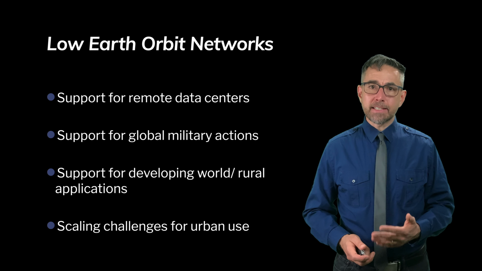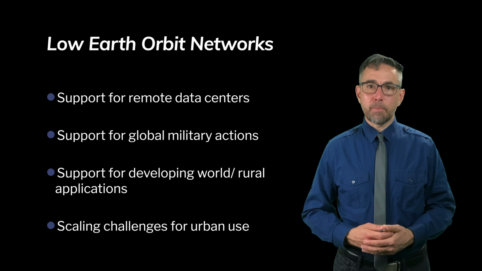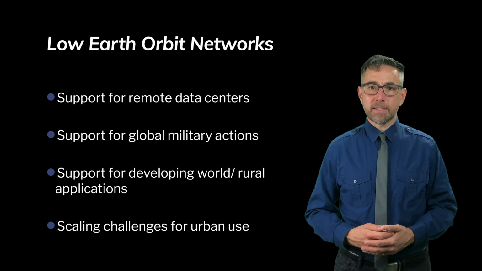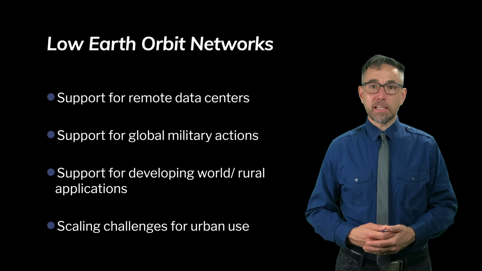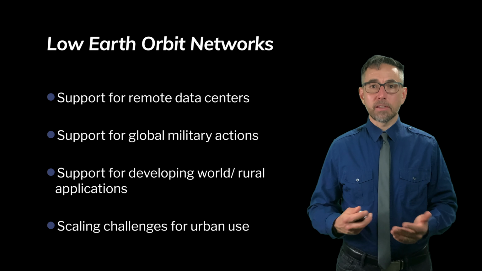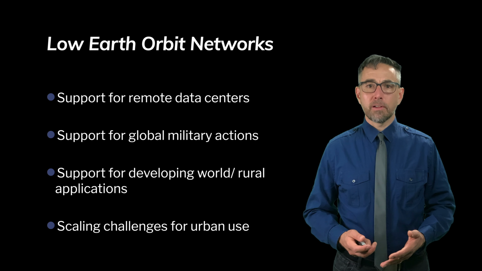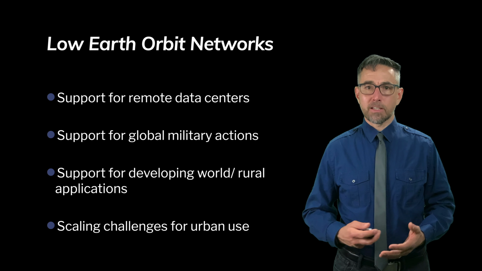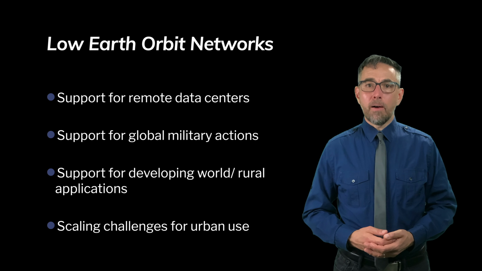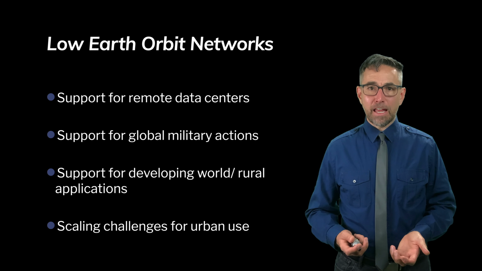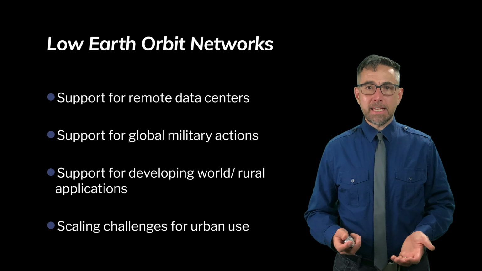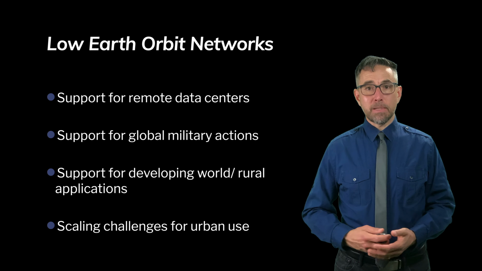On the other hand, it's not clear that urban centers are going to be able to effectively use low Earth orbit satellites as well. Because of the congestion in urban areas, there's likely going to be a lot of communication overlap with co-located clients and servers in urban centers. The ability for the low Earth orbit satellite providers to mitigate this congestion remains to be seen.